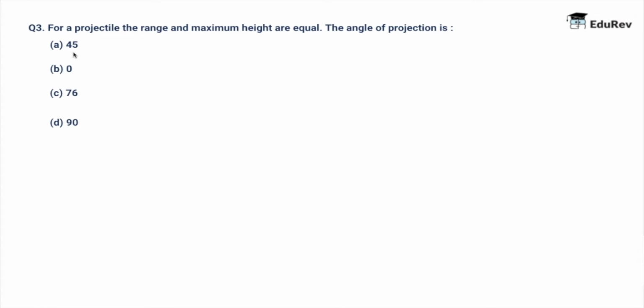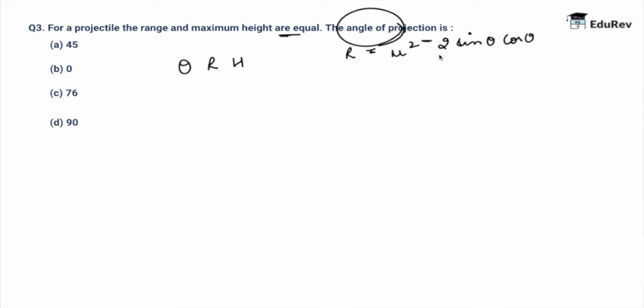Question number 3 says that for a projectile, the range and maximum height are equal. So we need to find the angle of projection. Now, let theta be the angle, r be the range and h be the maximum height. So can I write r equals to u square 2 times sine theta cos theta by g and maximum height h as u square sine square theta by 2g, correct?